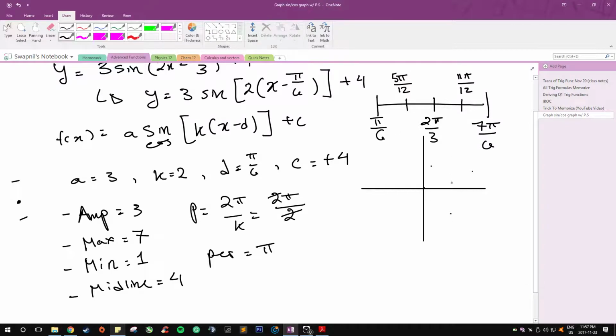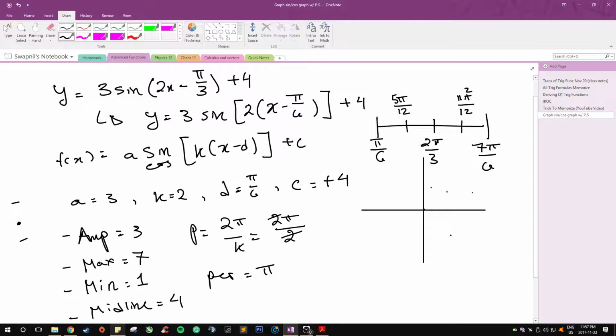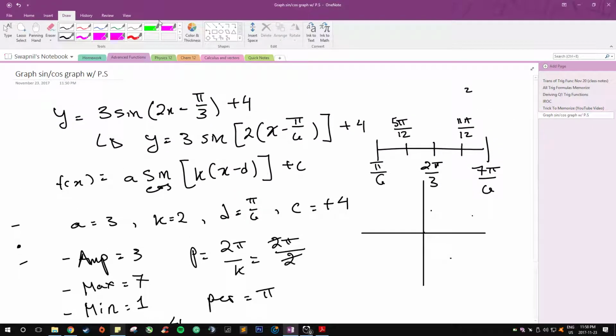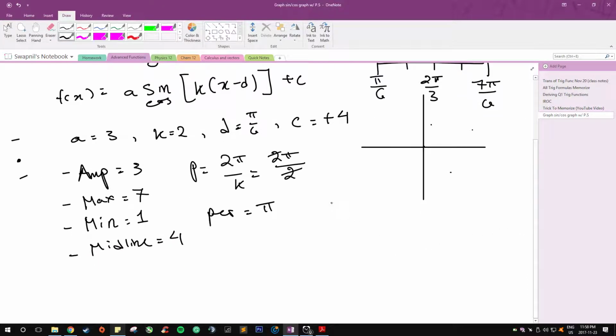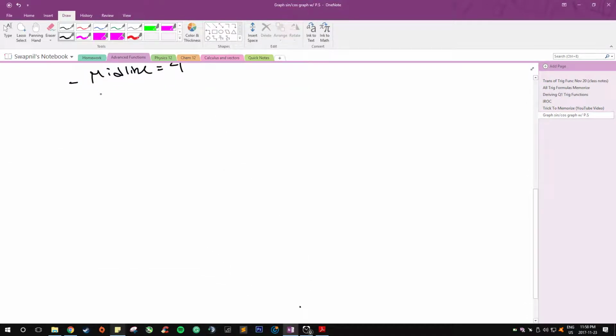Okay, so what does this mean? Well, your graph, since it's a sine graph, will start kind of at the origin, if you think about it. So let me draw the graph now. Let me get a bit more space. Okay, so we have y equals 3 sine (x minus pi over 6), was it? Plus 4, okay.